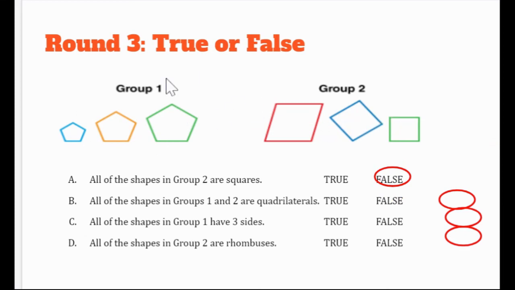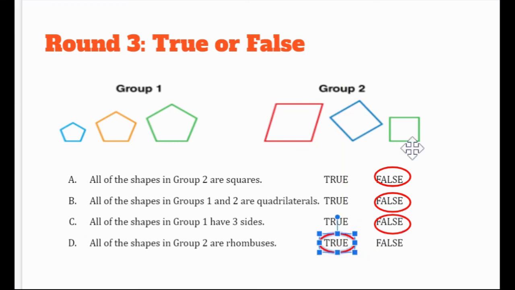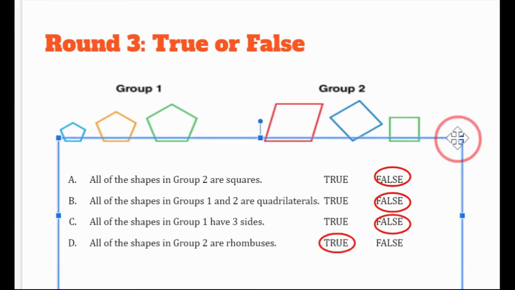That's not going to be true because I know that these are pentagons. All of the shapes in group 1 have 3 sides. No, that's definitely not true because I know they have 5. I counted. All of the shapes in group 2 are rhombuses. That is true because they are all shapes with 4 equal sides.